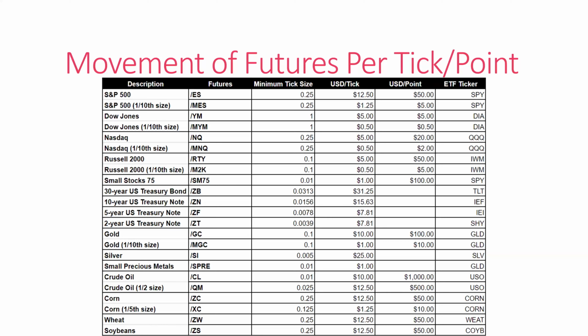That's why it's called a contract, because you're basically saying that if I hold this contract until expiration, I'm going to buy 50 times whatever the current price is. So if I buy one ES and hold it to expiration, I'm going to buy at the price I bought that contract at, times 50. And the same for NQ. Whatever price I buy NQ at, I'm going to buy 20 times that. And that's where they get the USD per point. Gotcha. Thank you. Appreciate that.